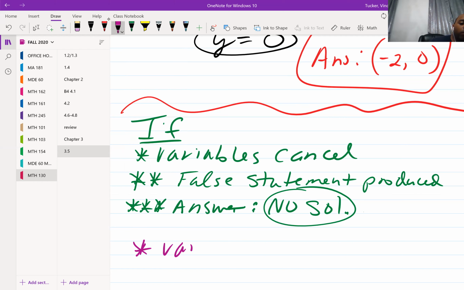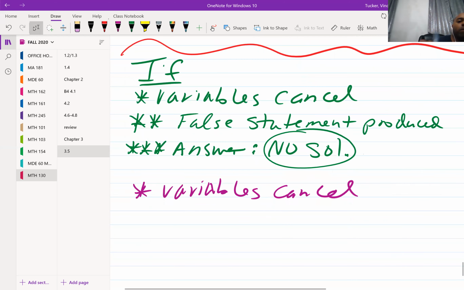But if your variables cancel, I should have made this one black then, huh? I wanted to say generic.